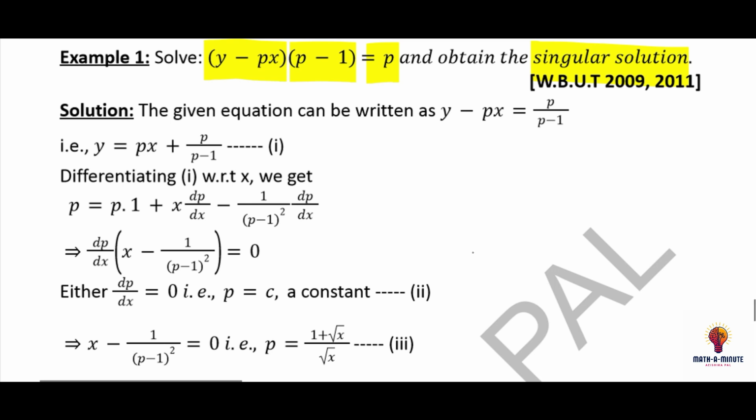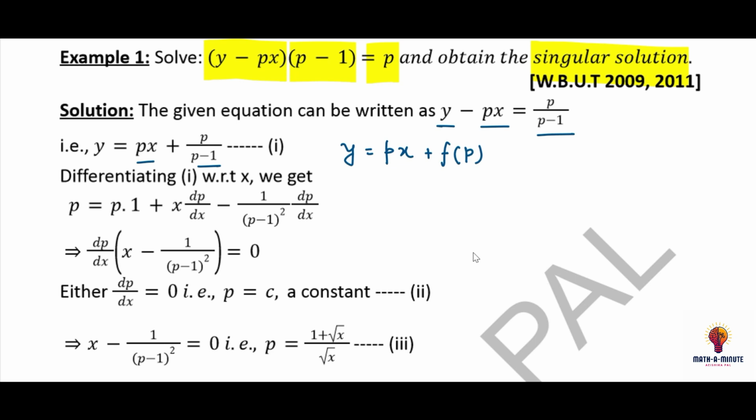So first try to modify this equation. We can write it as y minus px equals p/(p minus 1), so y equals px plus p/(p minus 1). So we can write the given equation in the form y equals px plus any function of p. Now it's basically the Clairaut format.